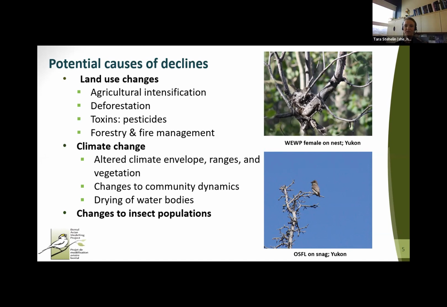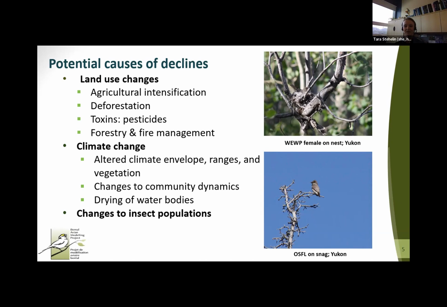So that's going to impact food availability for birds that eat insects, as well as forestry and fire management practices. And then, of course, climate change. So altered climate conditions, changes to range, changes to vegetation, and changes to interspecific interactions. So important interactions that species have with each other, such as predator-prey relationships.